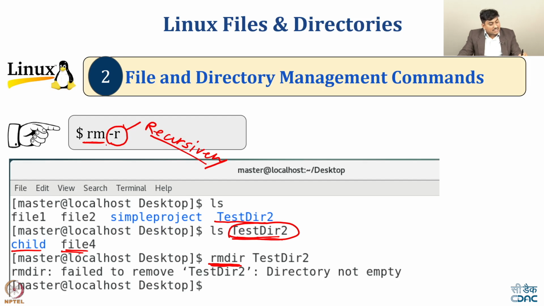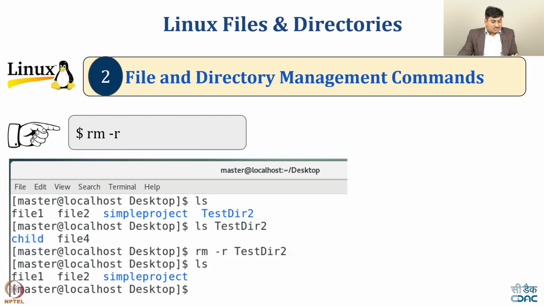In that case, this rm -r command comes into place with additional parameters. Instead of rmdir, if you pass the rm command with hyphen r, it tells that whatever directories or files are present within this directory, just delete all of those.